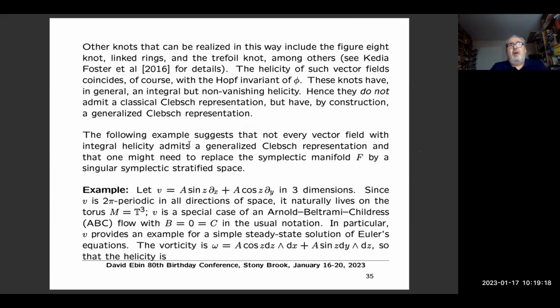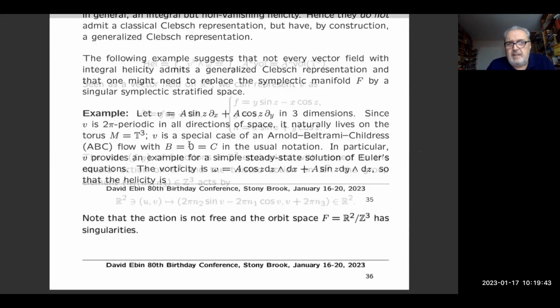If you're a symplectic geometer, you say, sooner or later, this is going to come to bite you. Because when you do reduction, singular reduction, you're going to get stratified symplectic spaces. So what would you expect? This is the object that you have to deal with. And there is an example based on the ABC flows that shows that this is actually the case, but let me skip it.